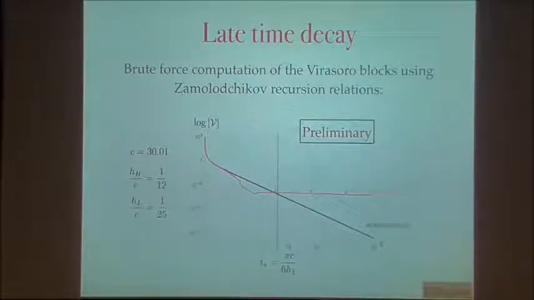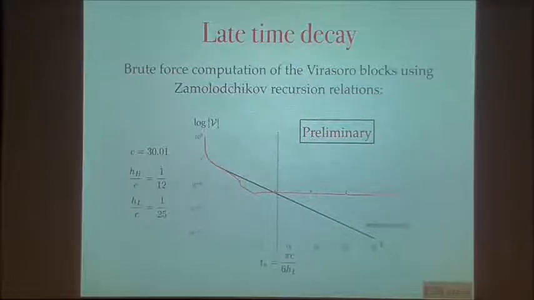And we actually find that the power is -3/2. And that power does not seem to depend on the central charge, does not seem to depend on the external dimension. Currently we don't have a very good explanation for why this is so universal, but we're still trying to sort this out. What about the little bumps?